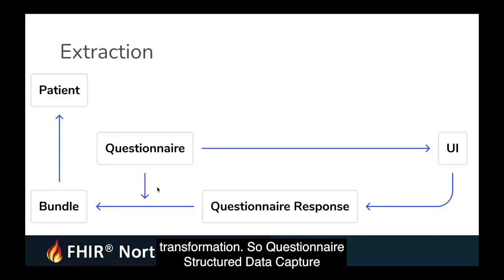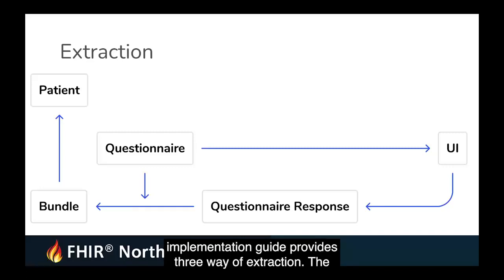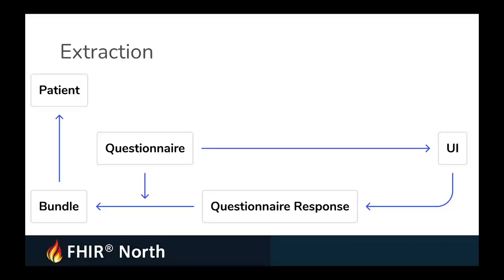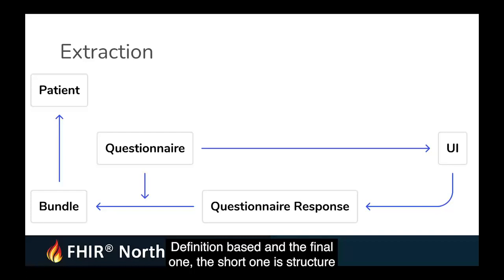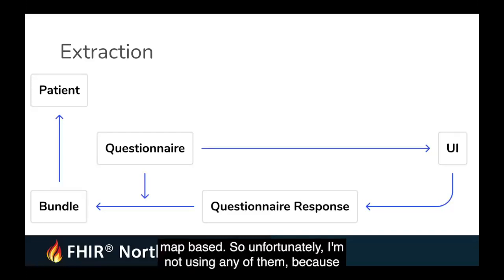The questionnaire structure data capture implementation guide provides 3 ways of extraction. The first one is observation based, the second one is structure definition based, and the third one is structure map based.